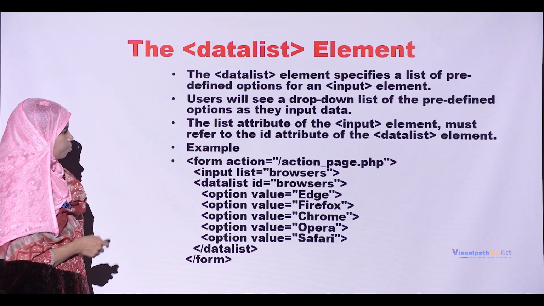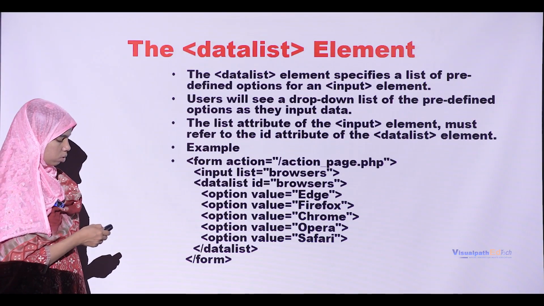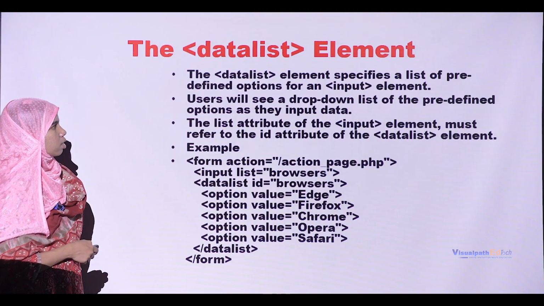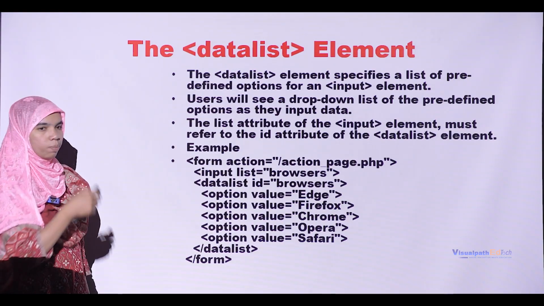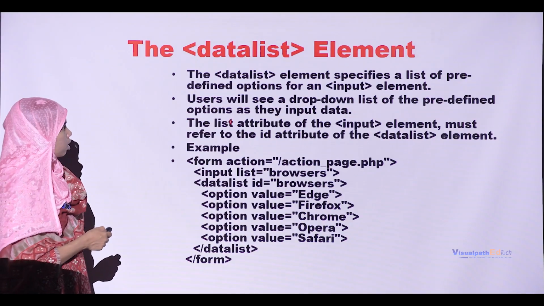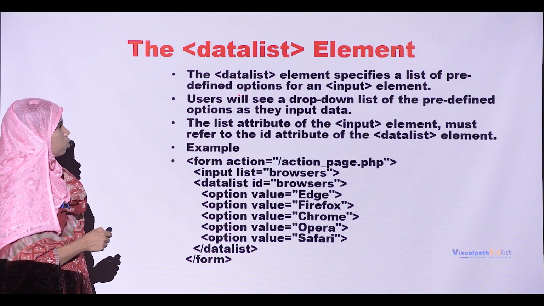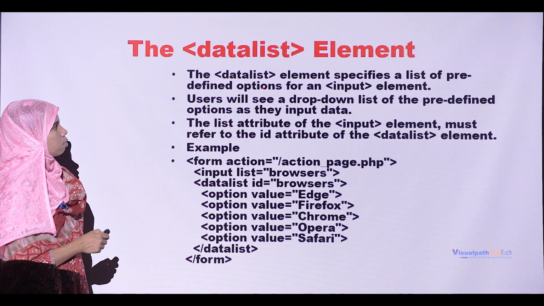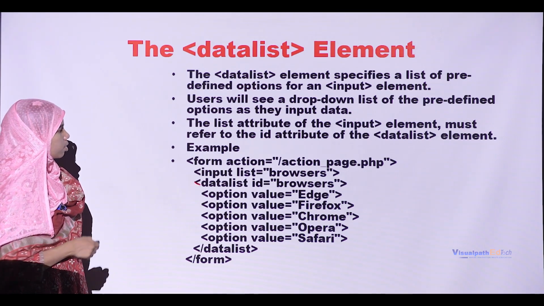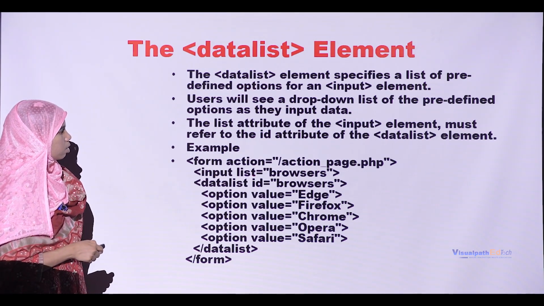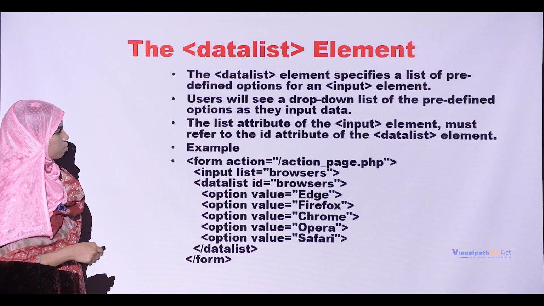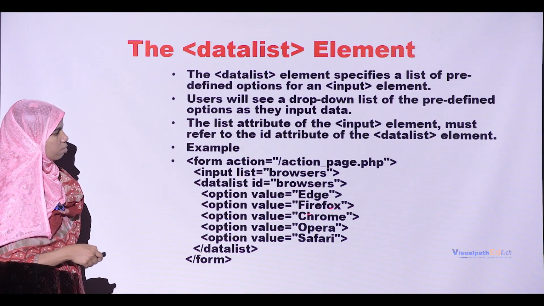Datalist, it is also like your select, how it gives you a drop down list. Similarly, this datalist will also give you a list of information which will be given in the form of options. You can see here inside the list of browsers, you have so many options. Edge is there, Firefox is there, Chrome is there, Opera, Safari.